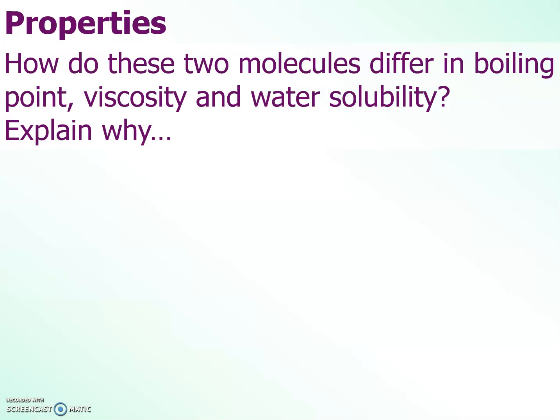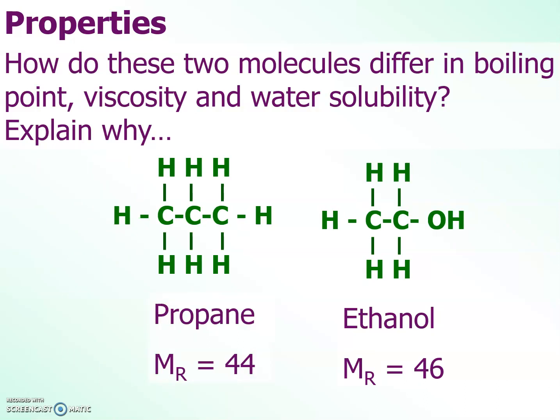How do these molecules differ in boiling point, viscosity and water solubility? Okay. Now, for instance, we consider 2 compounds, propane and ethanol. Both molecules have comparable molecular mass. In general, as the molecular weight increases, van der Waals force of attraction increases and hence boiling point increases.